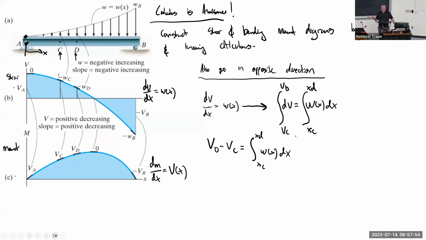What this translates into in terms of words is that the change in shear from C to D is equal to the area under the distributed load.